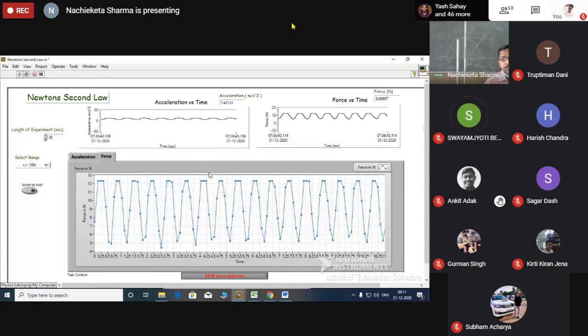Yes, sir. Okay. Now you see, I've already told you. Now I am going to apply the force here. Then you can get these two running graphs. One is time acceleration, other is time force.